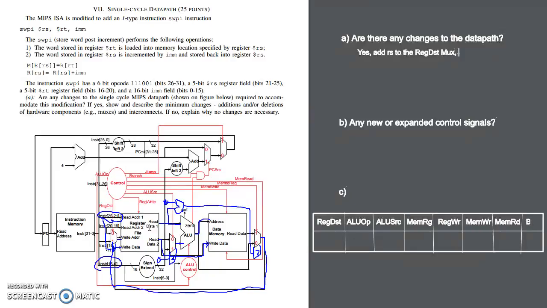We then have to change our ALU source value, so add a 0 option to our ALU source.